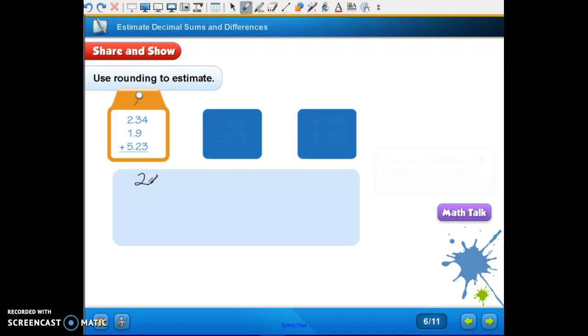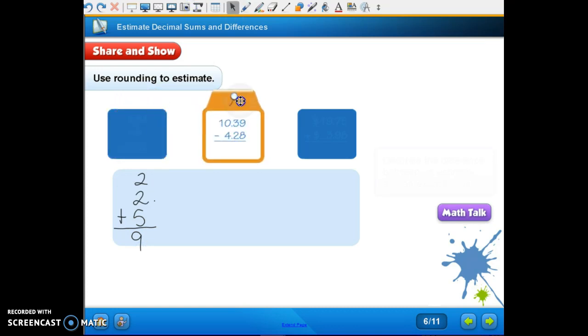How about the 9 in 1 and 9 tenths? What's the 9 going to make that 1 do? Go to 2. And then the 2 in 5 and 23 hundredths is going to make that stay at 5. And we're adding. 2 plus 2 is 4, plus 5 is 9. Very good. Okay, let's go on.